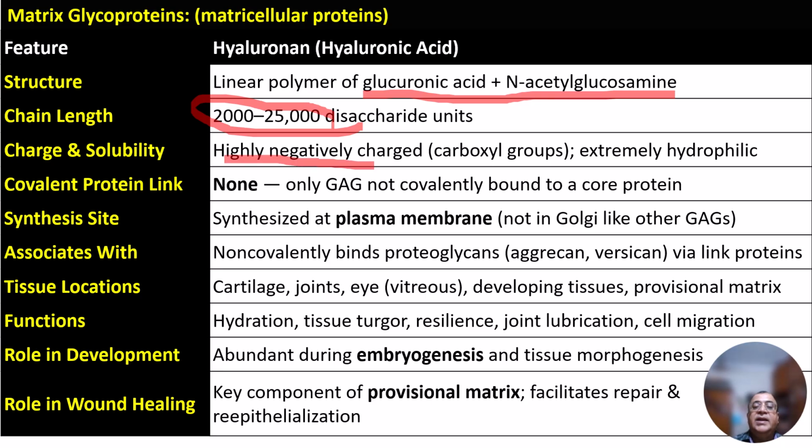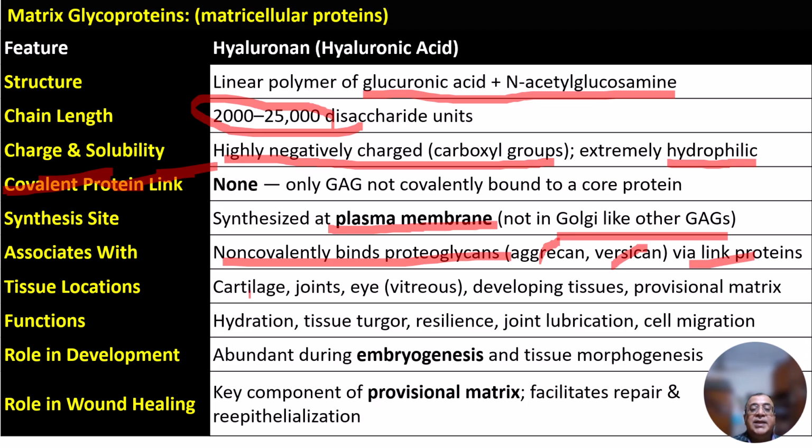They are highly negatively charged due to the presence of carboxyl groups and extremely hydrophilic. They are synthesized at the plasma membrane, not in the Golgi like other glycosaminoglycans. They are associated with non-covalently bound proteoglycans such as aggrecan and versican, via link proteins or adapter proteins.